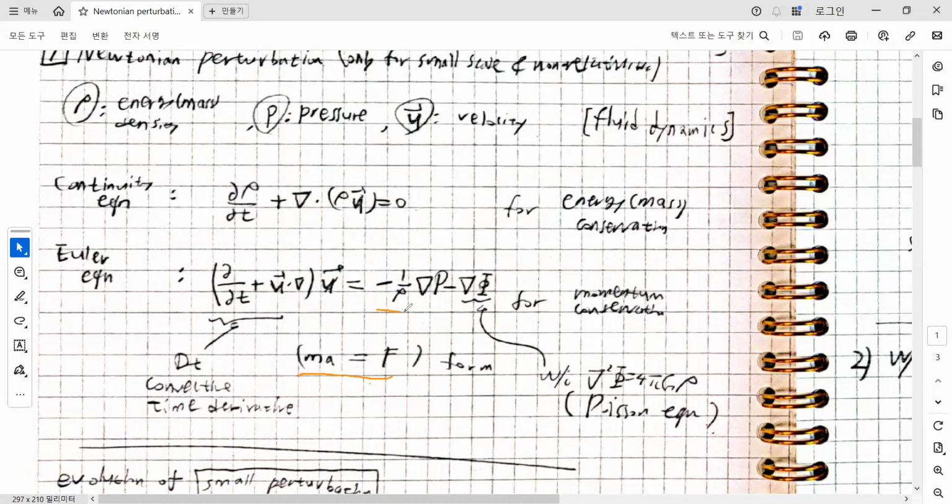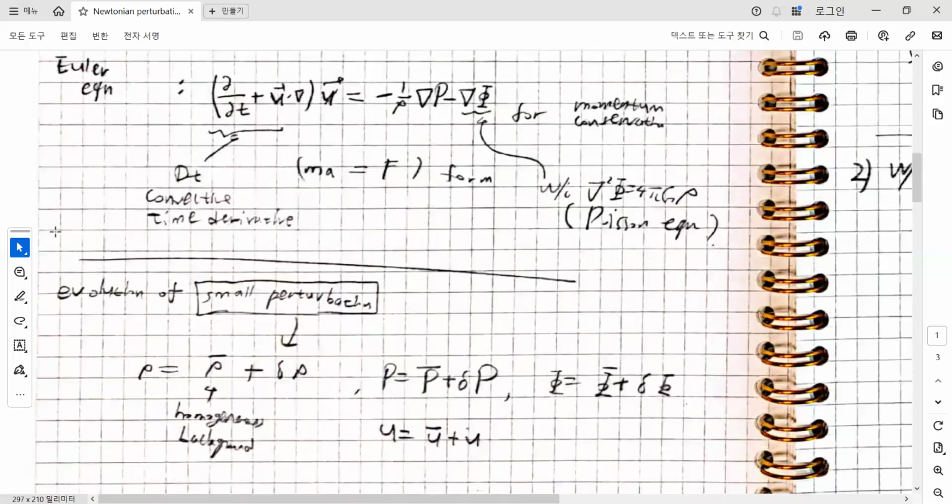So the gradient of the pressure gives the force per unit volume, and also the gravitational potential is capital Phi. The gradient of Phi gives the force, and the gravitational potential also satisfies the Poisson equation. So based on these two equations, we will find the evolution of the small perturbation.